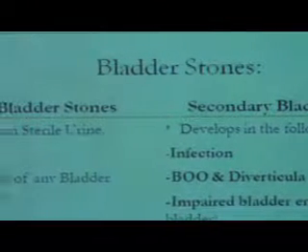So now come to bladder stone. Like kidney stone, bladder stone is also divided into two parts, primary bladder stone and secondary bladder stone. Primary bladder stone develops in sterile urine in the absence of any bladder pathology, and most of the time such a primary stone has migrated from the kidney to the ureter and from the ureter to the urinary bladder.